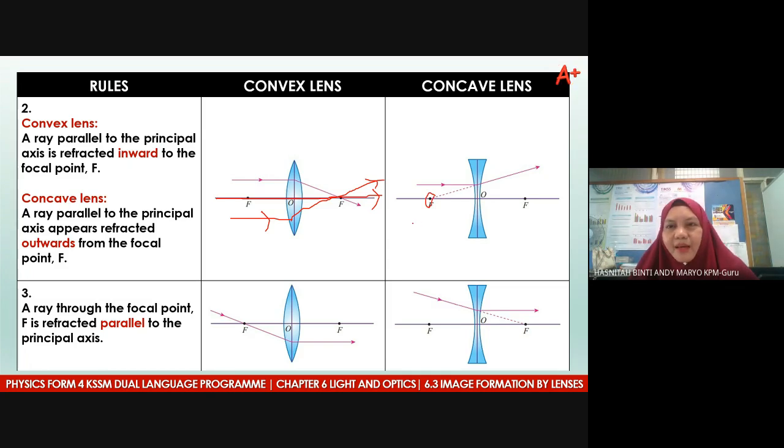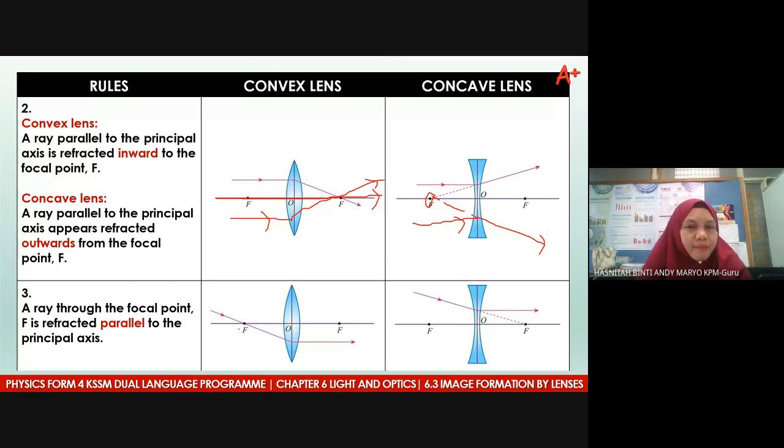Same here, if we have a light ray coming from below, it will be diverged out, and if you continue the dashed line here, it starts from the focal point at the front. So this is the second rule for drawing the ray diagram for convex and concave lenses.